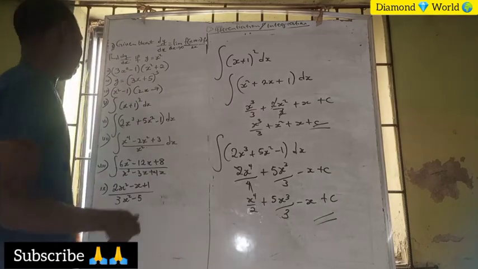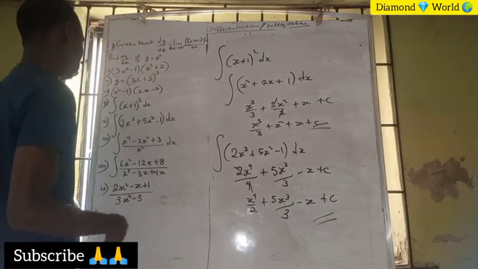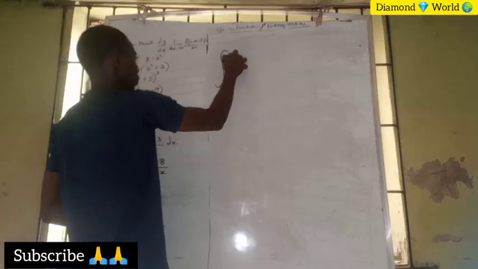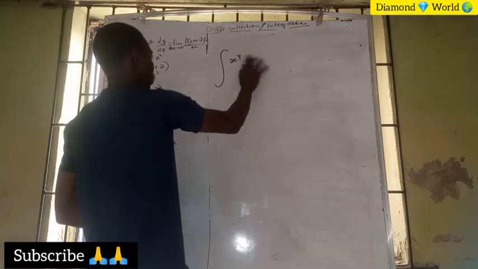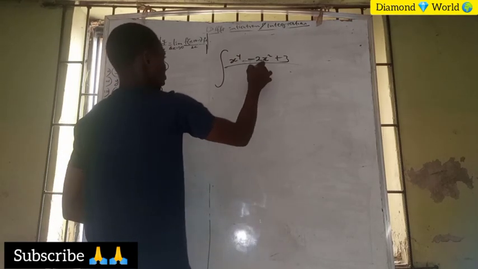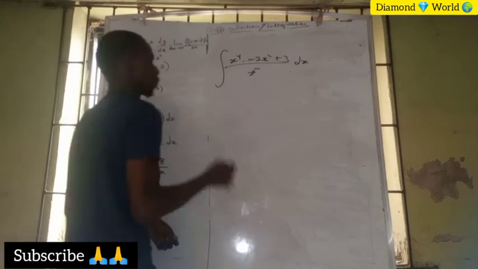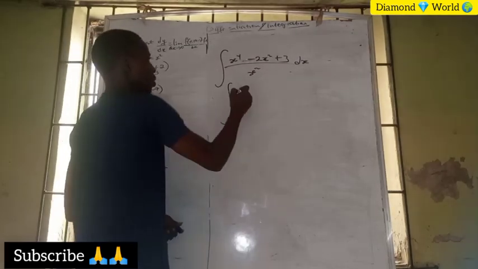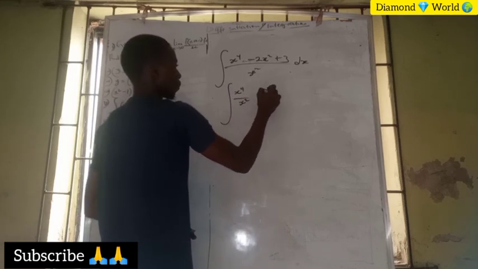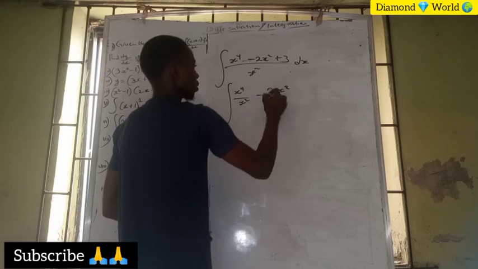So we're looking at 2 more questions. We have integral x to the power 4 minus 2x to the power 2 plus 3, all over x squared dx. Now to integrate this, separate it.